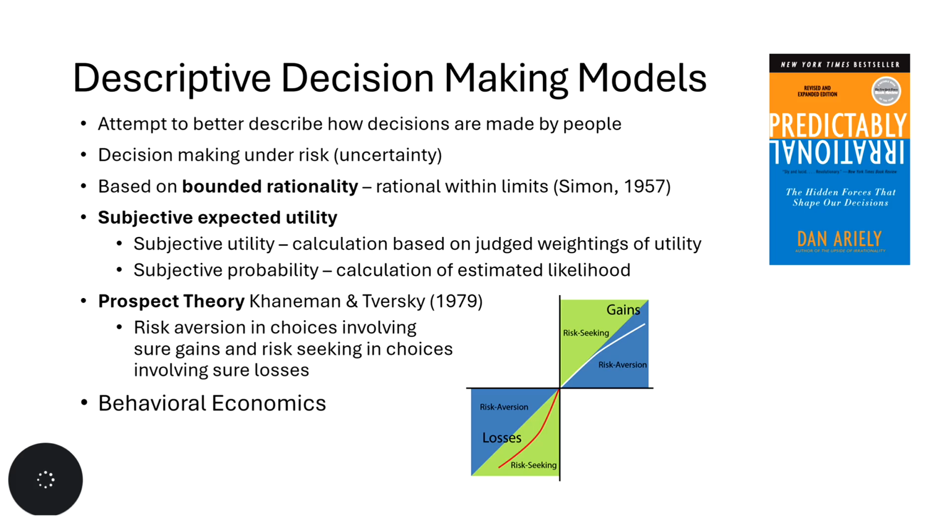And then this led to prospect theory, which came about with Daniel Kahneman and Amos Tversky in the 70s. It largely captures risk aversion in choices involving sure gains and risk seeking in choices involving sure losses. So it was a focus on trying to understand risk aversion and how that influences decision making, and how, we'll see this with certain gambling fallacies and different things like that.